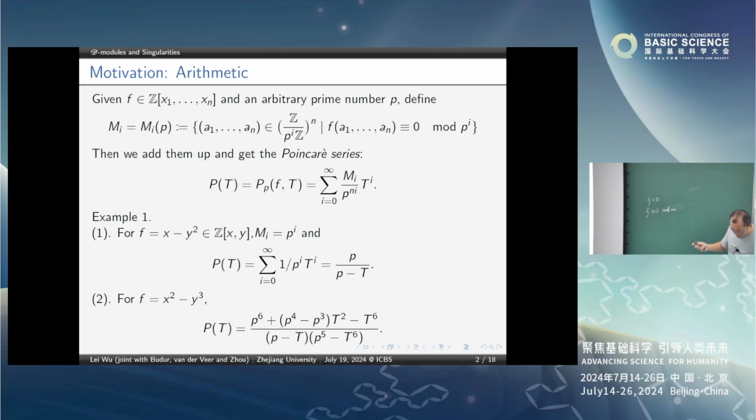Actually, from this example we can see the more singular f is, the more complicated the Poincare series. And because this is a power series, from a calculus point of view, this can be understood as some integral, right? So how did Igusa prove this power series is rational?